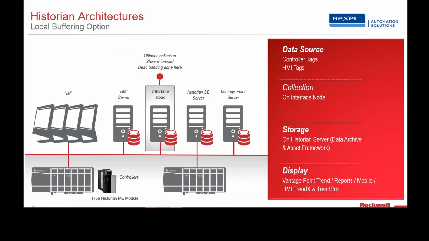It's just a typical architecture for Historian. I didn't talk much about the interface node on the previous page, but the interface node is pretty important. It can be loaded on the Historian server itself, or it can be separate. It offers some nice features and different architectures that we can construct.